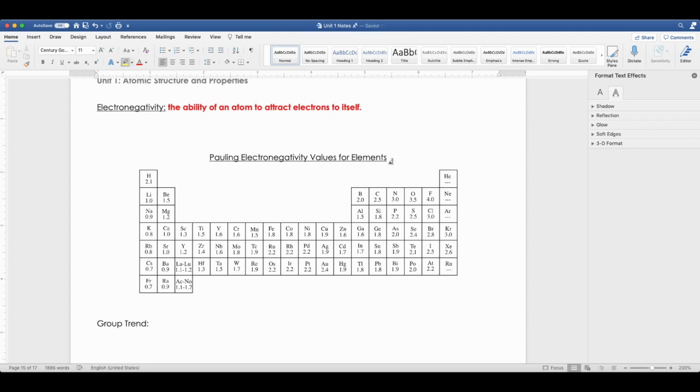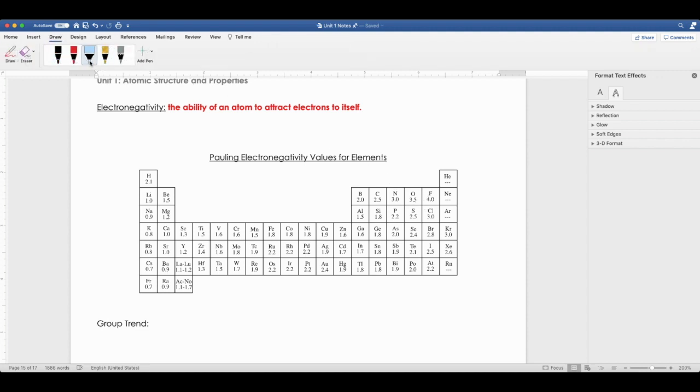You might remember seeing fluorine, where fluorine is the most electronegative element. So we know fluorine right here as the most electronegative. And that means that it wants electrons more than anything else on the periodic table.